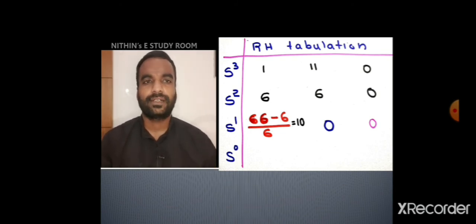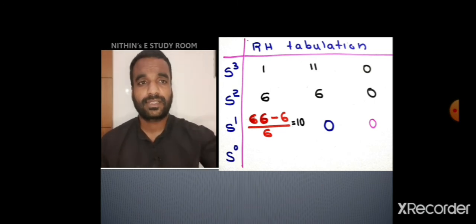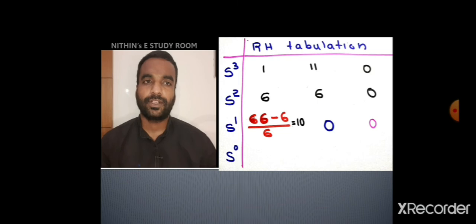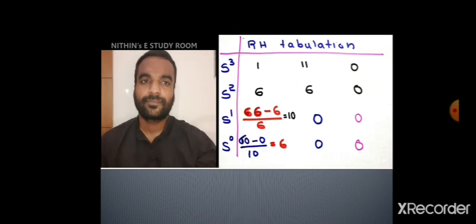Now you have to find the corresponding row for S raised to 0. For S raised to 0, the first element will be 10 into 6 minus 6 into 0, divided by 10. 10 into 6 means 60, minus 0, all divided by 10. That will give 6.